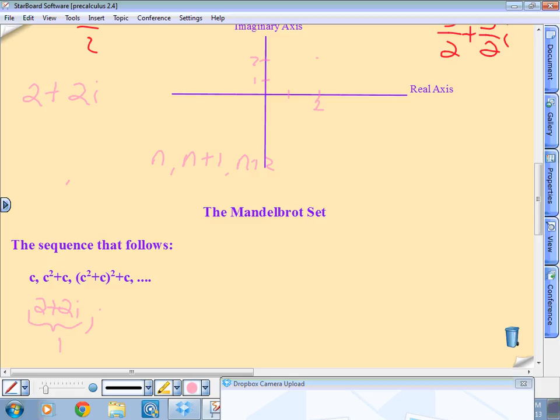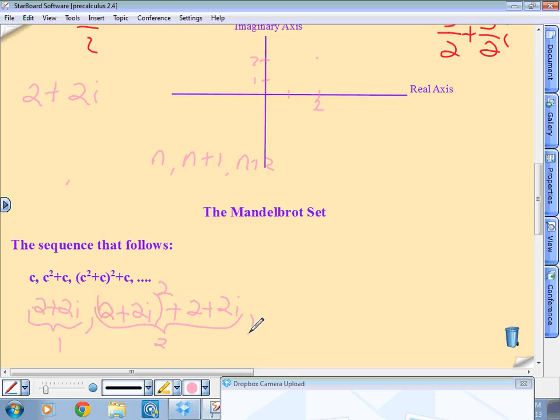And then the second one would be 2 plus 2i squared plus 2 plus 2i. So they just square it and then add the complex number on. That would be the second set. They took this, whatever this one was before, they squared it and then added the complex number on again. That's simple enough. Okay.